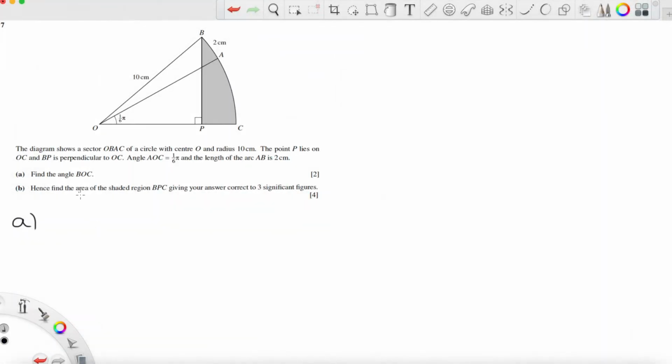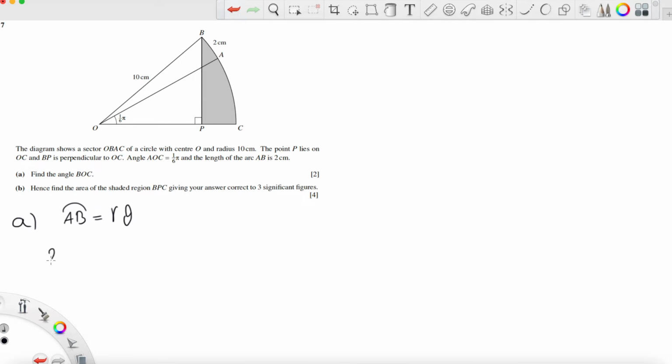To answer part A, it's given that the length of arc AB is 2 centimeters. We know that when the angle is in radians, the length of arc is r theta. So for arc AB, the length is r theta, where theta is the included angle, angle AOB.